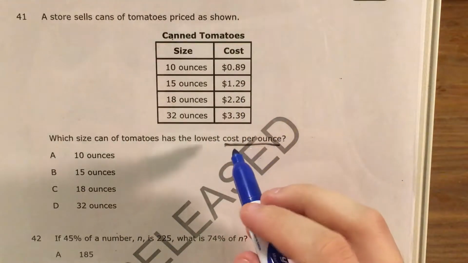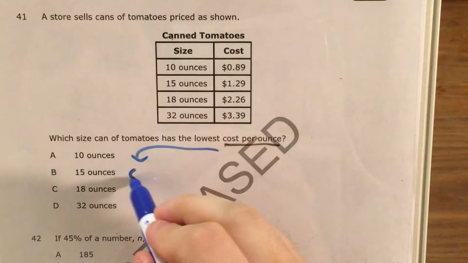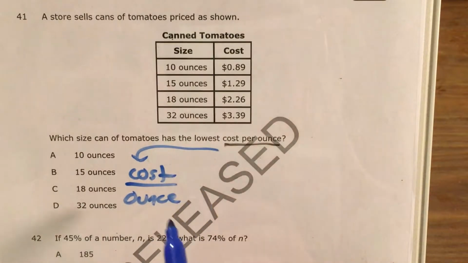And so I'm going to translate this into a fraction. Cost divided by ounces is the same thing as cost per ounce. This is the easiest way to find a unit rate for each of these size cans of tomatoes.